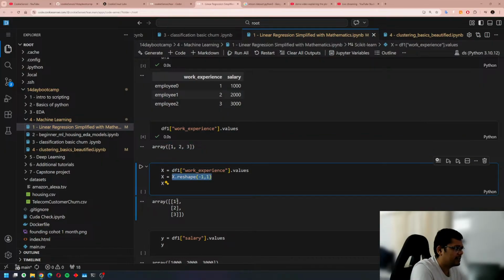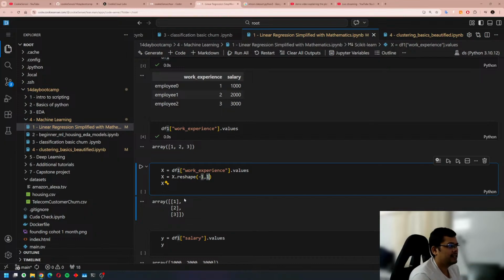X dot reshape means convert this entire thing into as many rows but one column. Minus one means as many rows, and one means just one column, because we need a column structure; it needs to be a 2D shape. And why is that so?